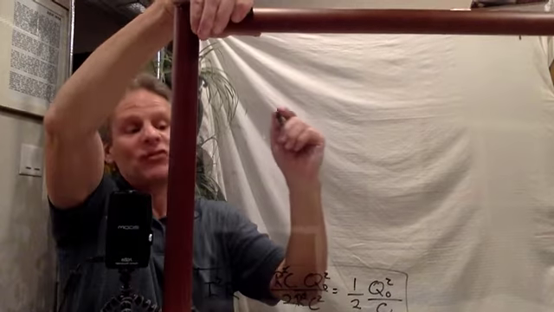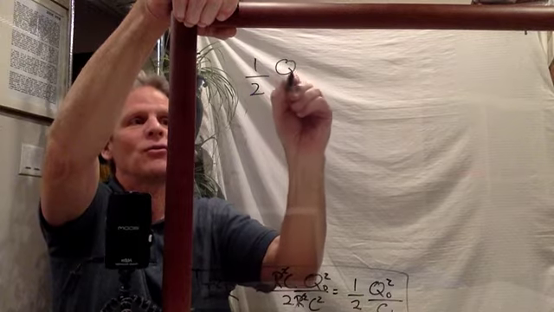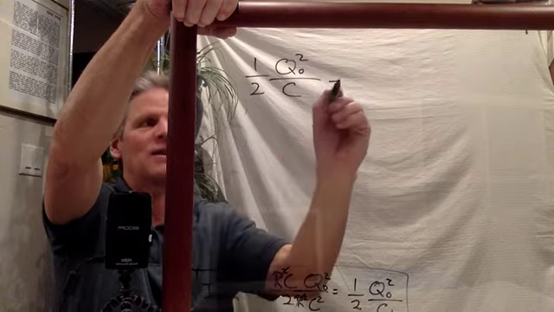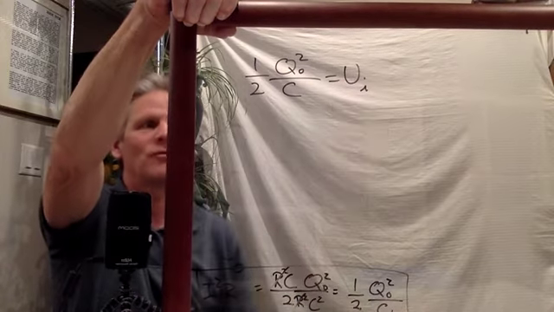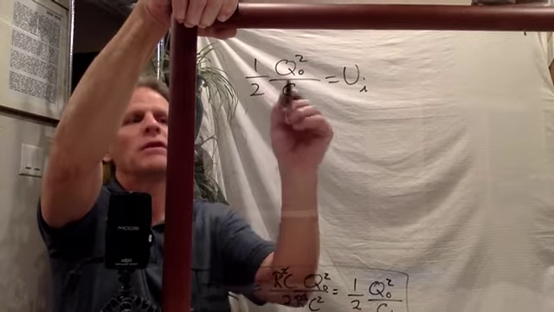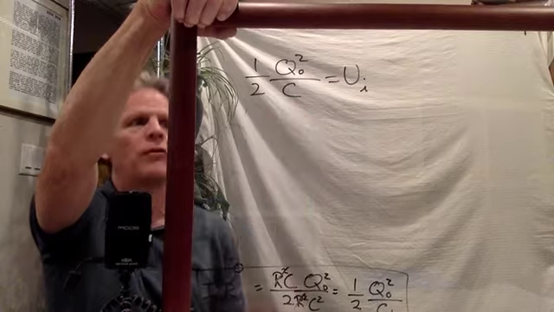If you look on the equation sheet, you will see that 1/2 Q0 squared over C is the initial energy, U initial. What's the final energy in the capacitor? Well, 1/2 Q squared over C. This is the initial because it's Q0 at the beginning.